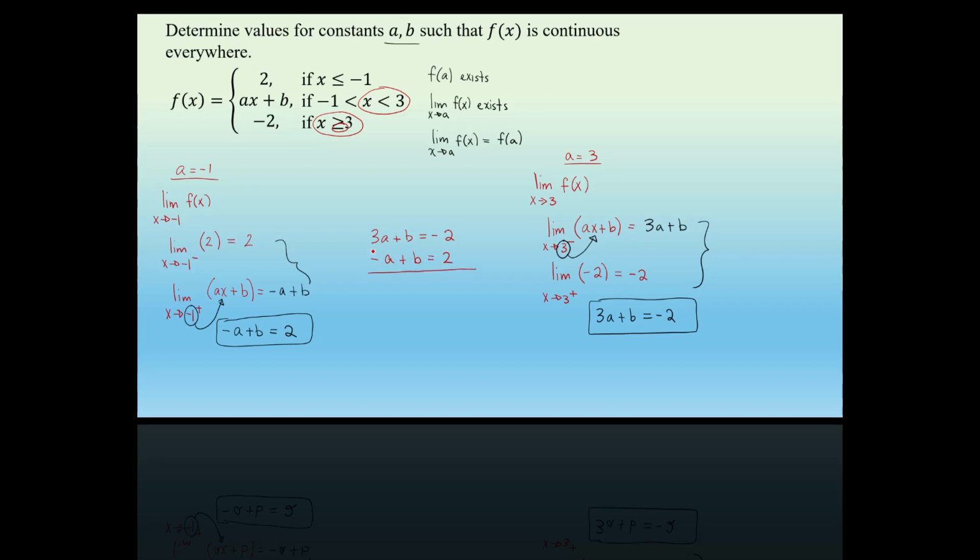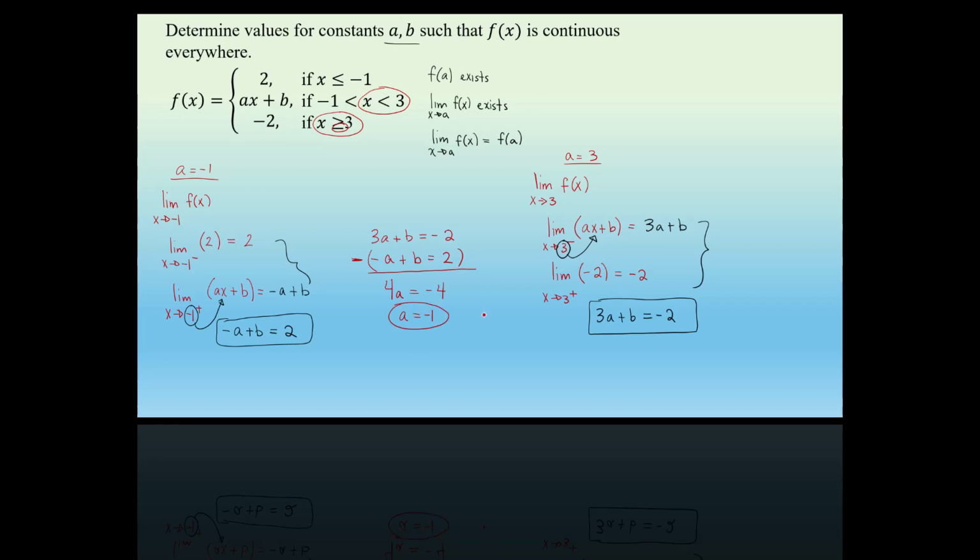I am going to subtract the entire bottom equation. I'll pay attention to my negative signs. So 3a minus negative a, well that's 4a. b minus b, that's gone. Negative 2 minus 2 is negative 4. So this is telling us that a is negative 1.